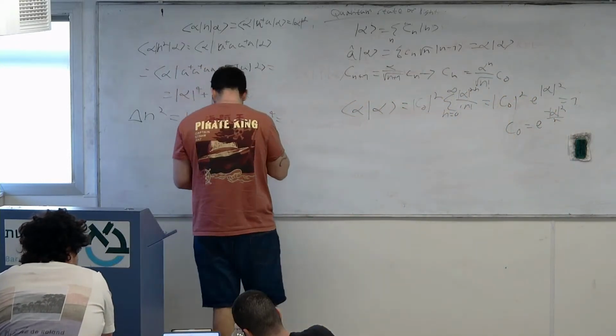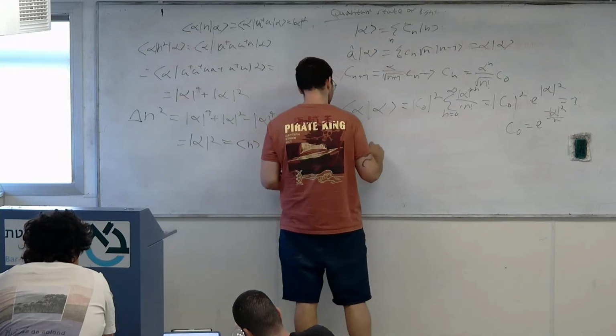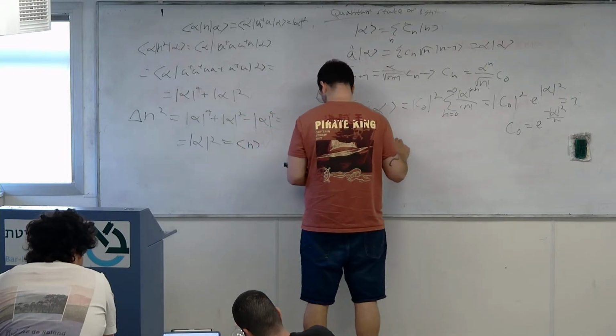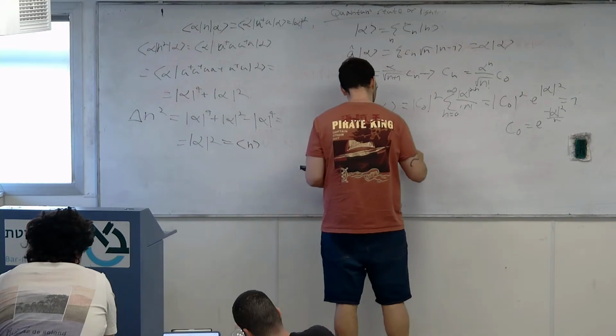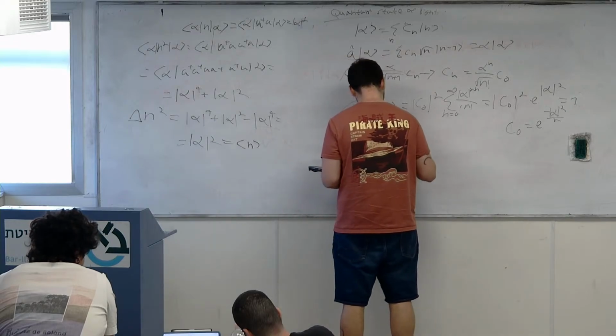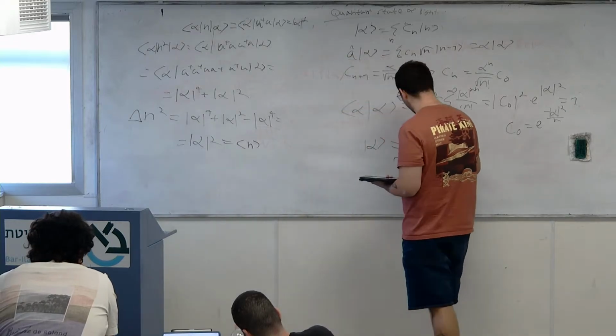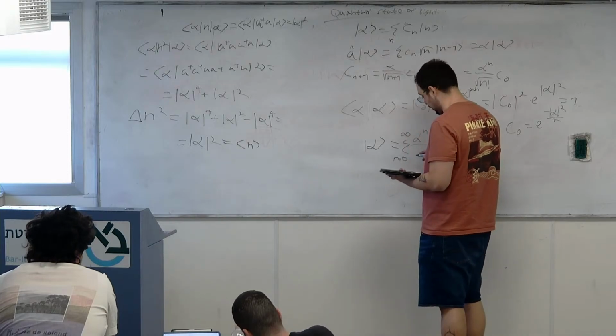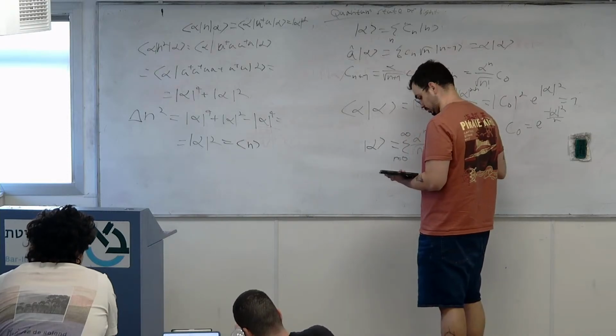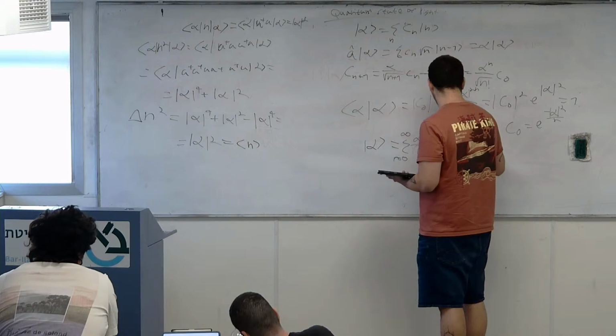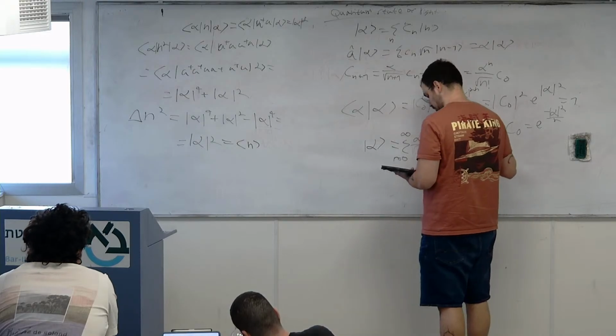So overall, alpha will equal the sum over n equals 0 to infinity of alpha to the n divided by square root of n factorial times e to the minus absolute value alpha squared divided by 2.